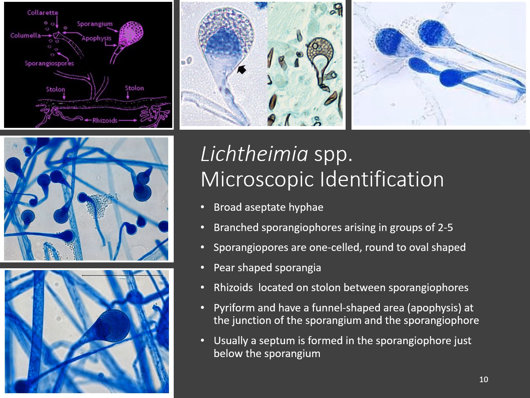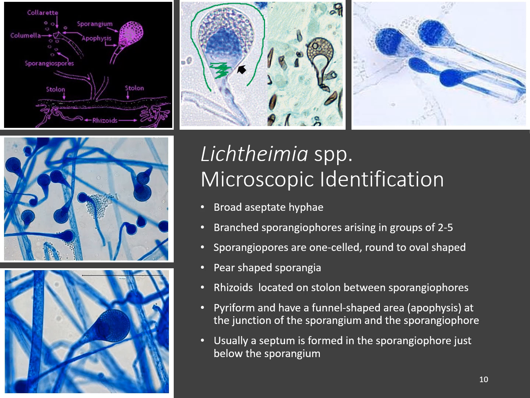Lichtheimia species also have broad aseptate hyphae. These sporangiophores rise in groups of 2 to 5, and they are branched as well. The sporangia are pear-shaped. So you can see here up top in the center where it has that pear shape. And then it also has this swelling here.